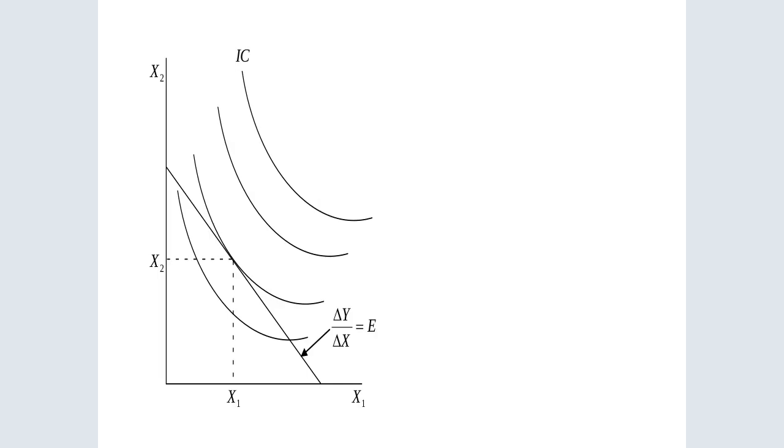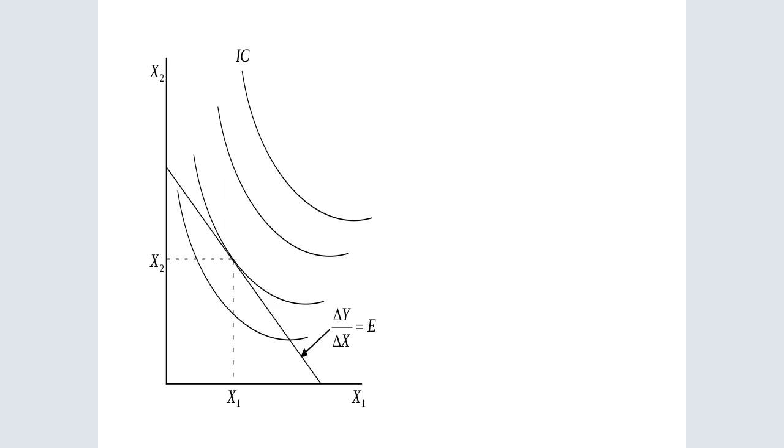Now, if we have the indifference curves for the two commodities, that is X1 and X2, and then we have the budget line and the indifference curves. I've said the slope of the indifference curve simply shows the rate at which the consumer can exchange one commodity for the other.